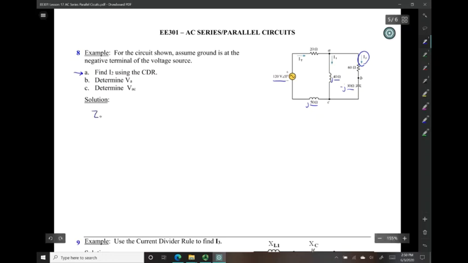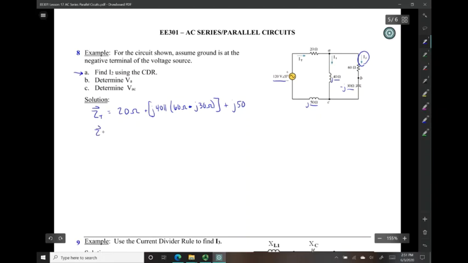So again, first step will be very similar. I need to find my total impedance for the whole circuit. So I have that 20 ohm resistor plus two parallel paths, a 40 ohm inductor in parallel with a 60 ohm resistor plus minus a 30 ohm capacitor, and these are in series with another 50 ohm inductor.